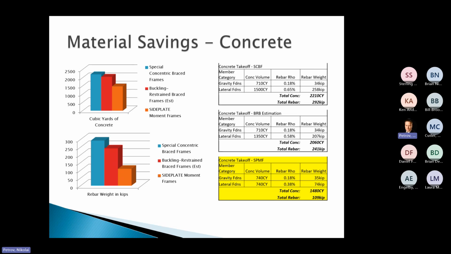So concrete, again, the building had about 2,200 cubic yards of concrete with 292,000 pounds of rebar. We could have reduced that a bit to 2,060 cubic yards of concrete and 241,000 pounds of rebar with BRBs.